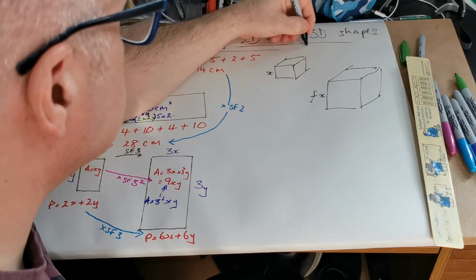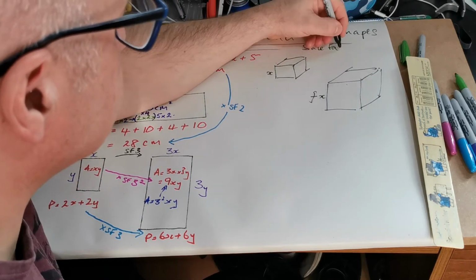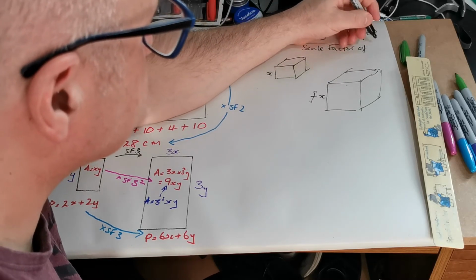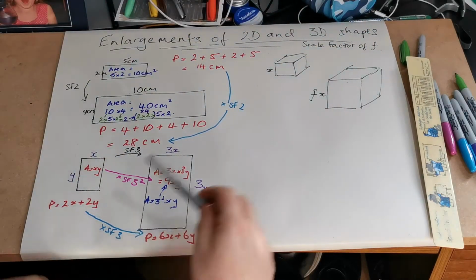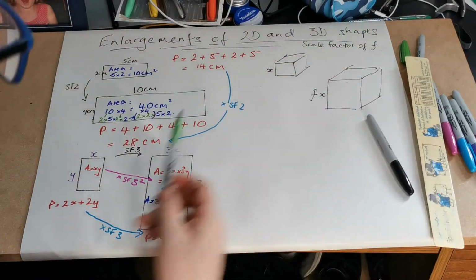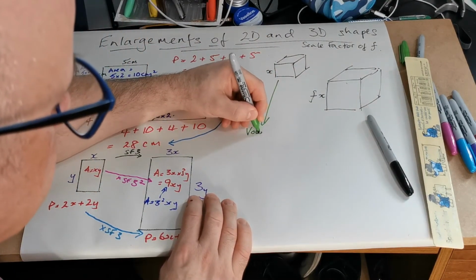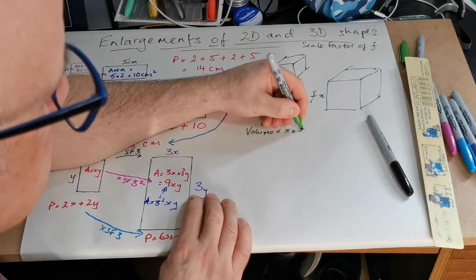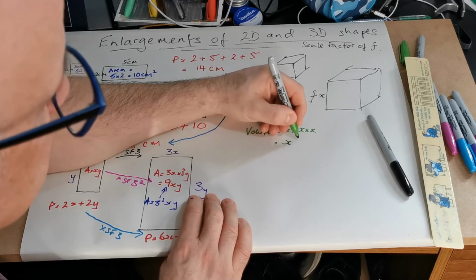So the volume of this one would be x times x times x, length times breadth times height, which is x cubed.